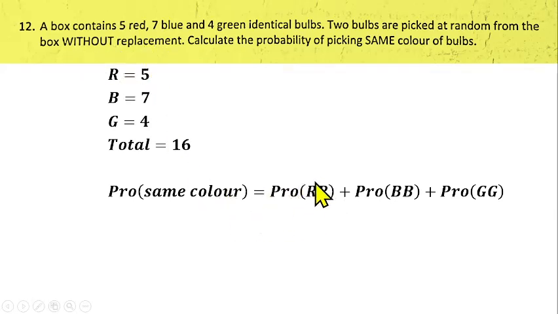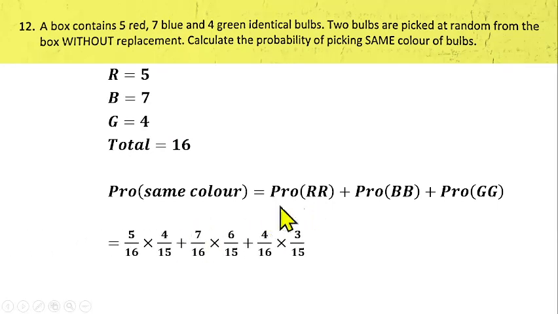So the probability of picking the first red will be 5 out of 16, multiplied by the probability of picking the second red, which will be 4 over 15, because you have already picked one red before, so the red will be reduced by 1 and the total number also will be reduced by 1.